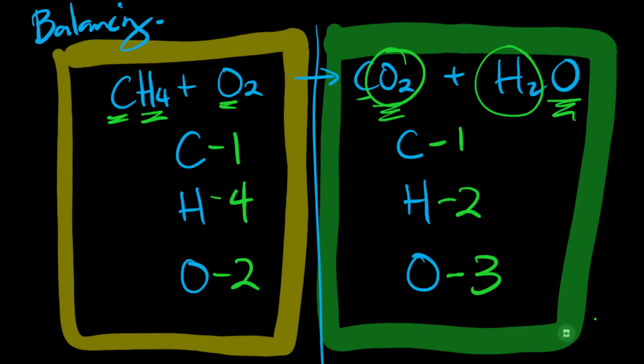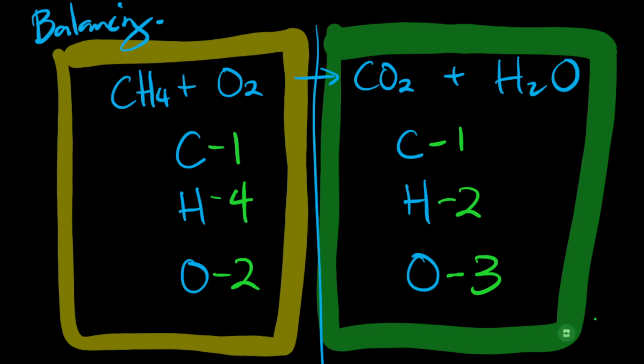So that's the counting part. Now let's do some balancing. So we have carbon 1 and 1, that's good. Hydrogen, I have 2 and 4. So if you have oxygen in 2 different places, you always balance those ones last and do hydrogen first.